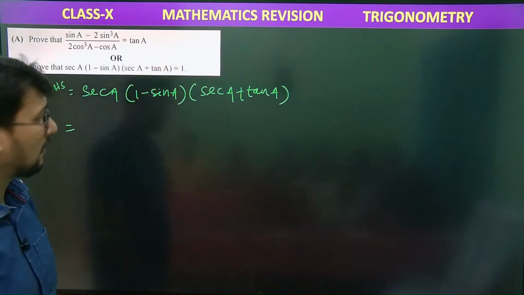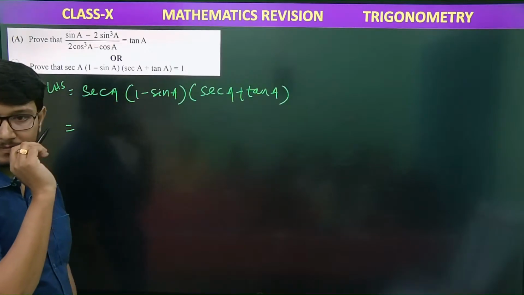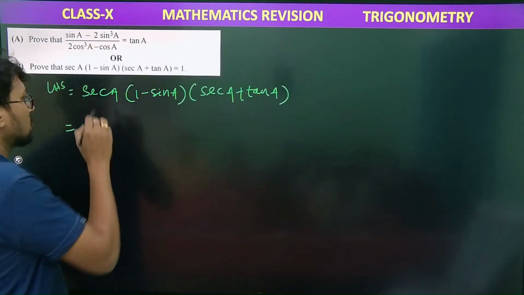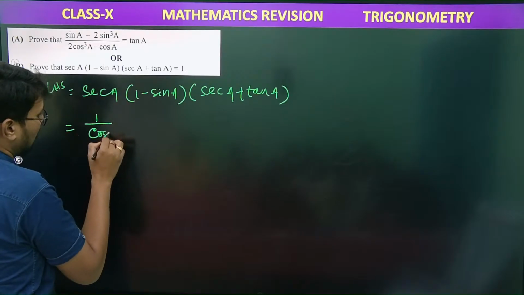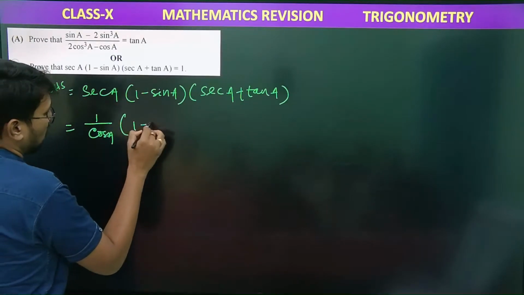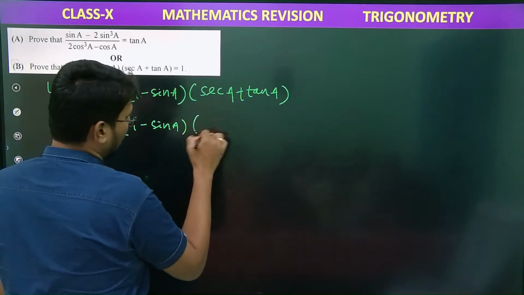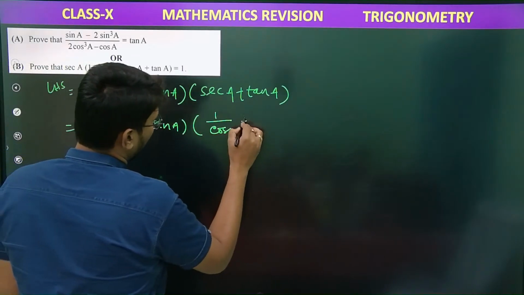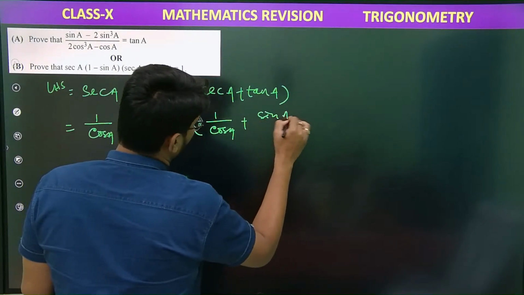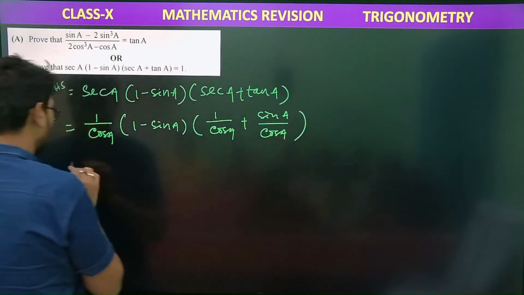Here we will apply the reciprocal relation. Sec is the reciprocal of cos, so 1 by cos into 1 minus sin, and here sec is 1 by cos A plus sin A by cos A. Got it, everyone?